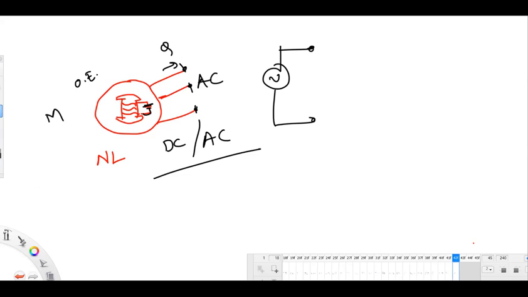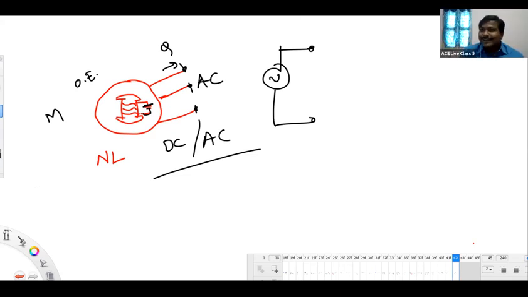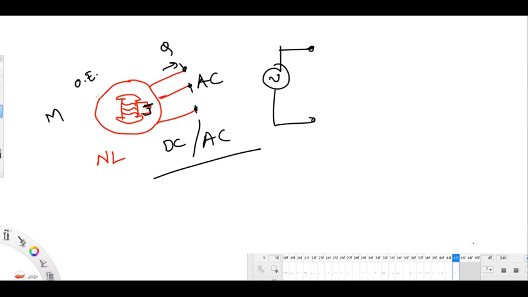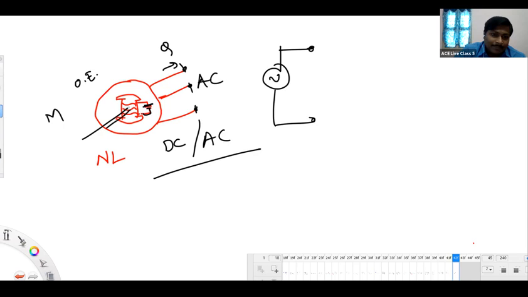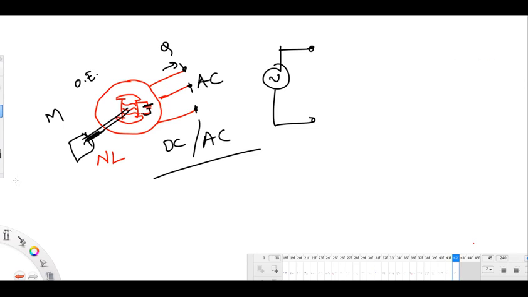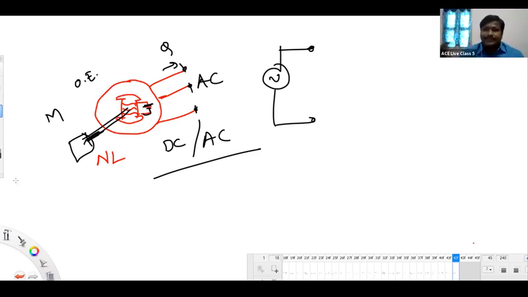Rather than mechanical conversion, you are doing electrical conversion by means of a converter. It's also a converter, a mechanical converter. But you have to rotate the rotor by some means, maybe by drawing real power from the grid or some other way. But there you have to operate the switches.